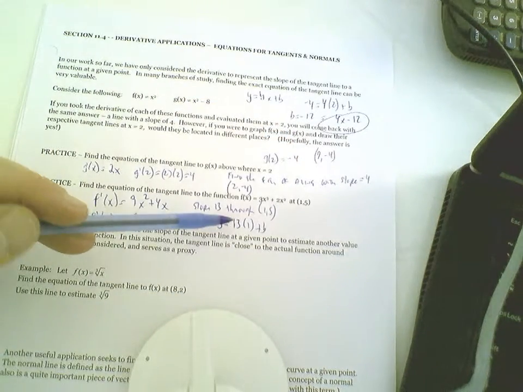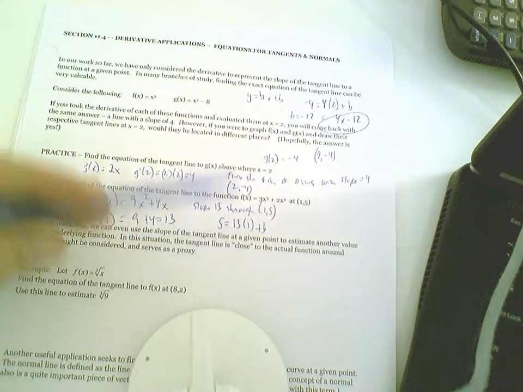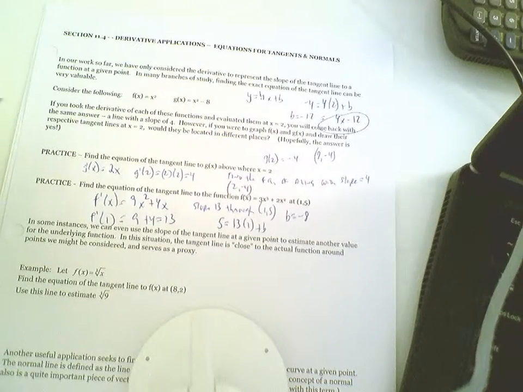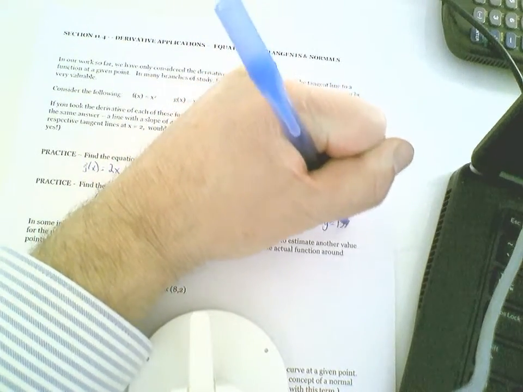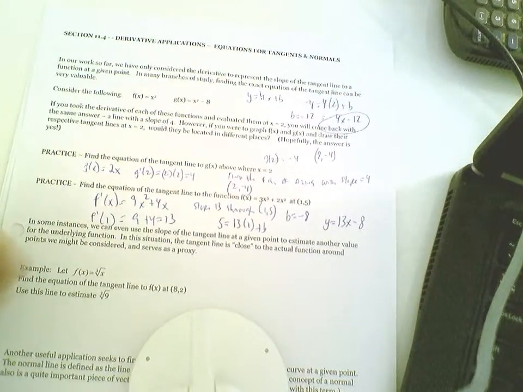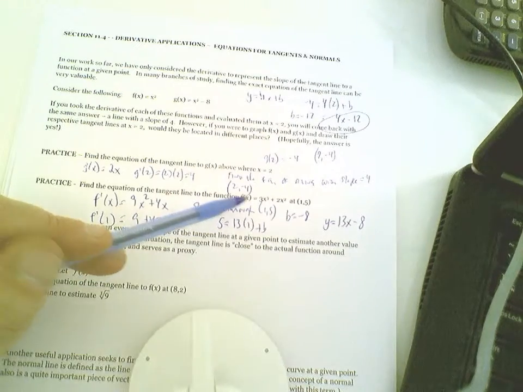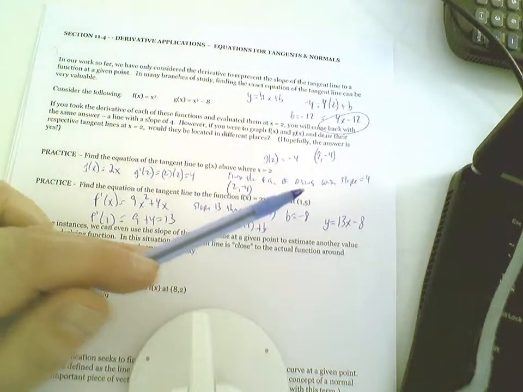So 5 equals 13 plus b. 5 minus 13 equals b. b equals negative 8. My tangent line equation becomes y equals 13x minus 8. That is the equation of the tangent line to the curve f of x equals 3x cubed plus 2x squared at the point (1, 5).